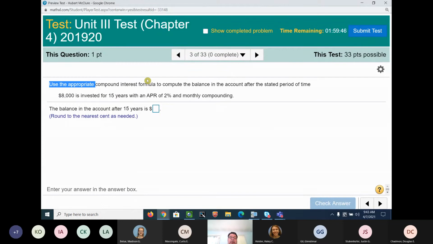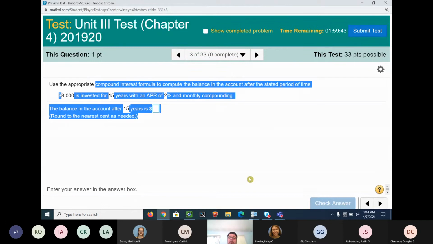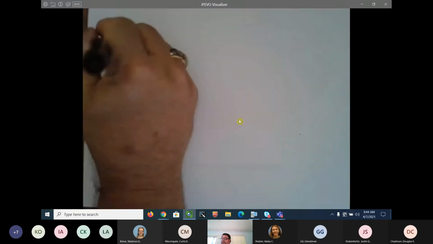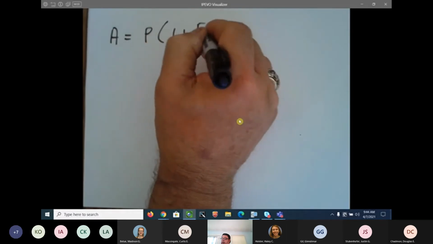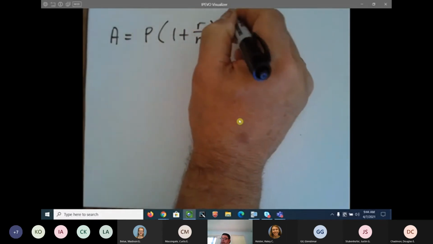Okay, I'm going to write down the compound interest formula for you. We're not going to do it, but I'm going to write it down for you. A is equal to P times (1 plus r over n) raised to the nt power.